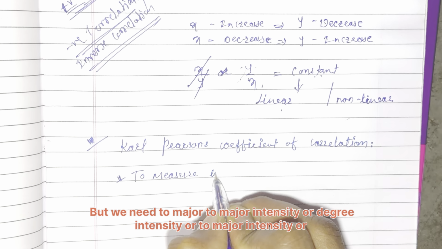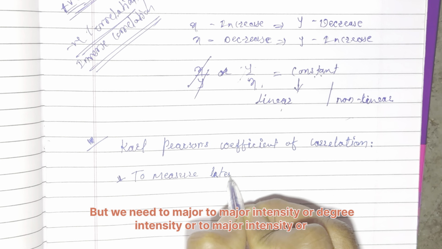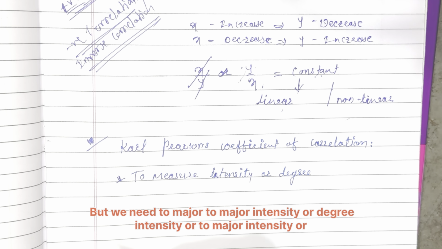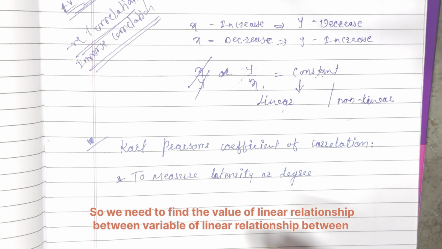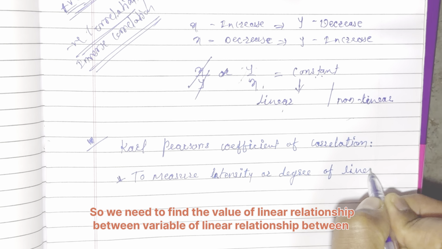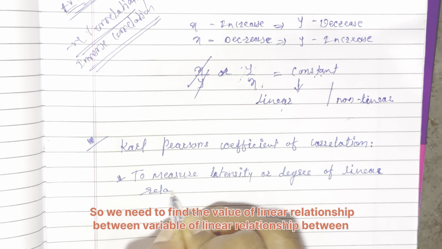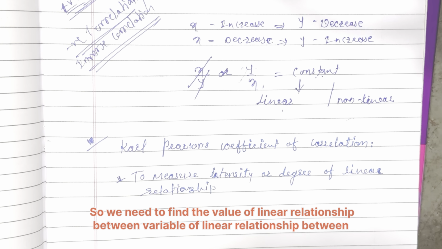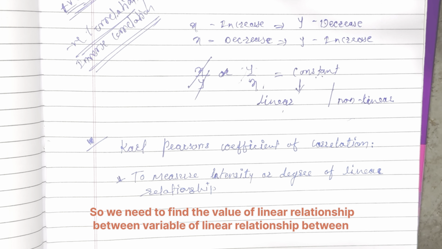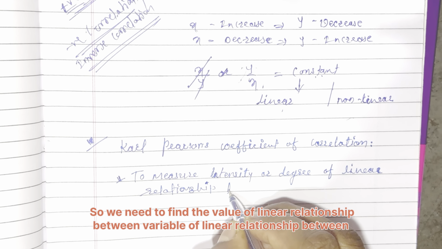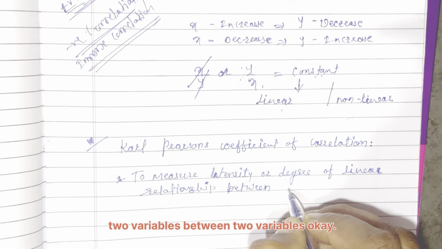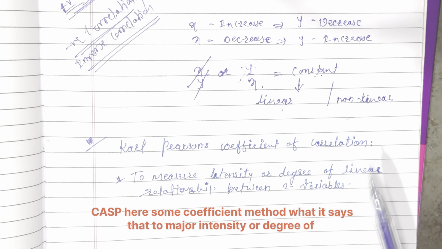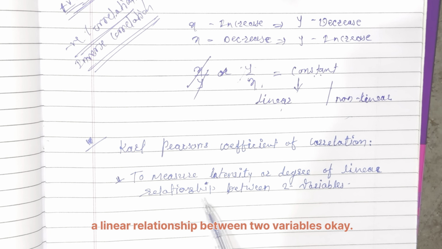What we need to measure is the intensity or degree of a linear relationship between two variables.